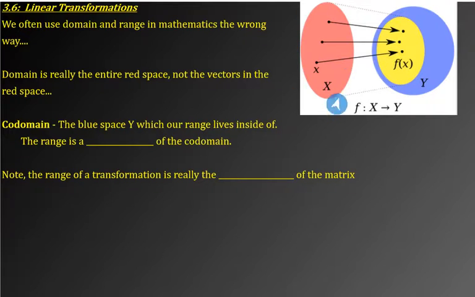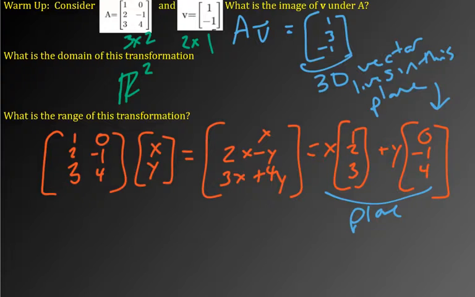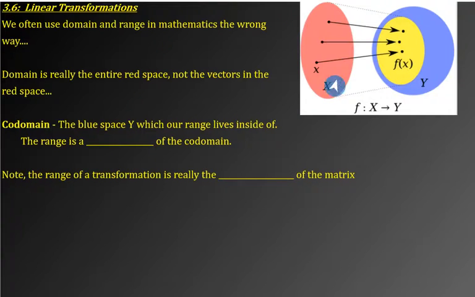But the domain is really the entire space that the vectors could come from, right? So in this last problem, they would maybe describe the domain as just the (1, -1). But the domain is R2. It's saying that this entire space, it's a set, is where your vectors come from. So that's what domain is.